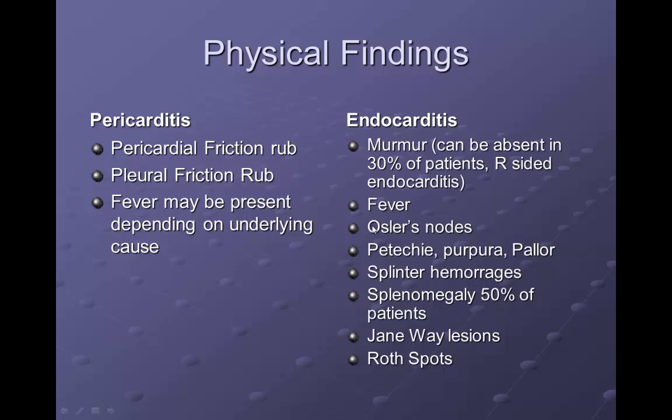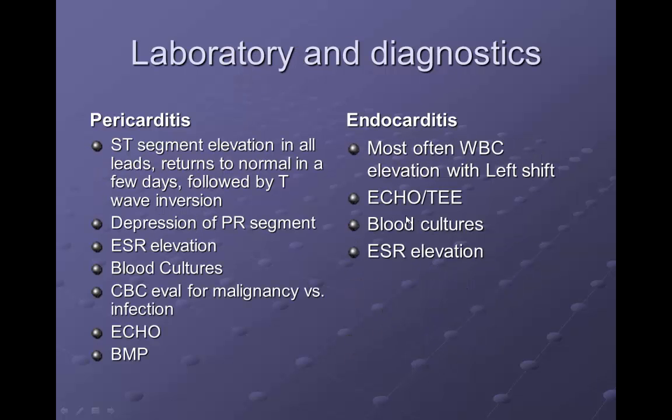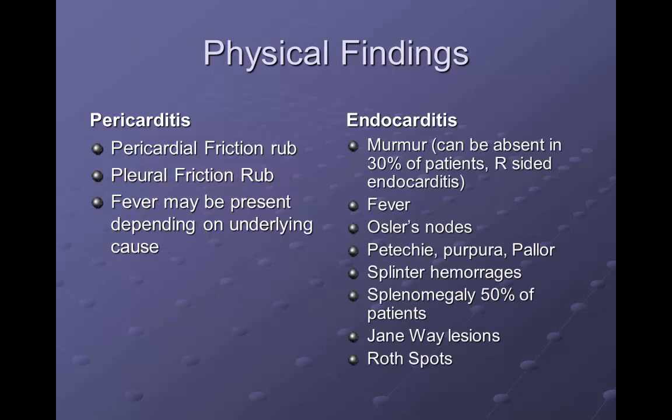Now, let's talk about the criteria of endocarditis. Okay. We have major criteria and minor criteria. The major criteria says, and you have to know this, that 2 positive blood cultures for organisms or 3 positive blood cultures for organisms shows evidence of endocarditis.